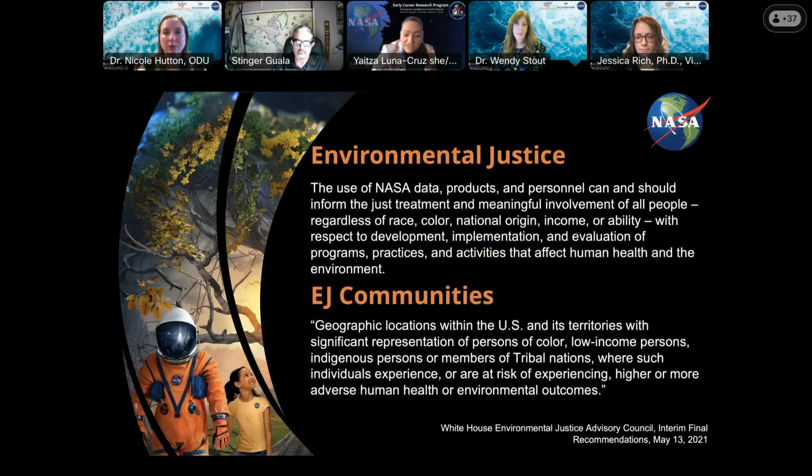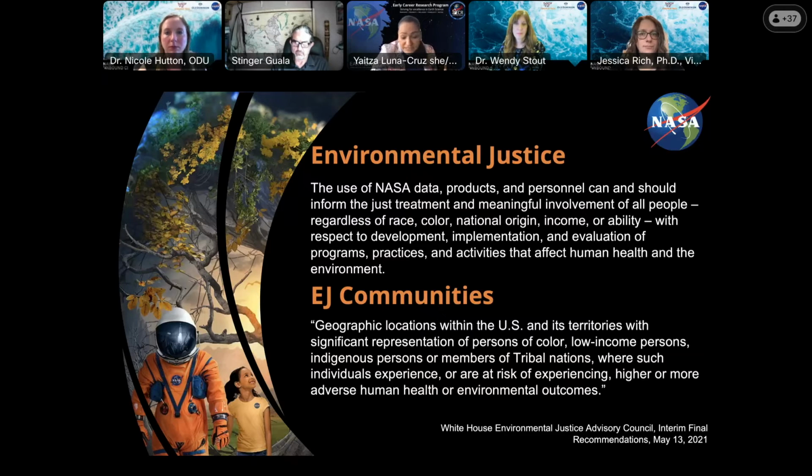Following the White House Environmental Justice Advisory Council, our definition of environmental justice is based on the understanding that the use of NASA data, products, and personnel can and should inform the just treatment and meaningful involvement of all people, regardless of race, color, national origin, income, or ability, with respect to the development, implementation, and evaluation of program practices and activities that affect human health and the environment, basically everything that we do.